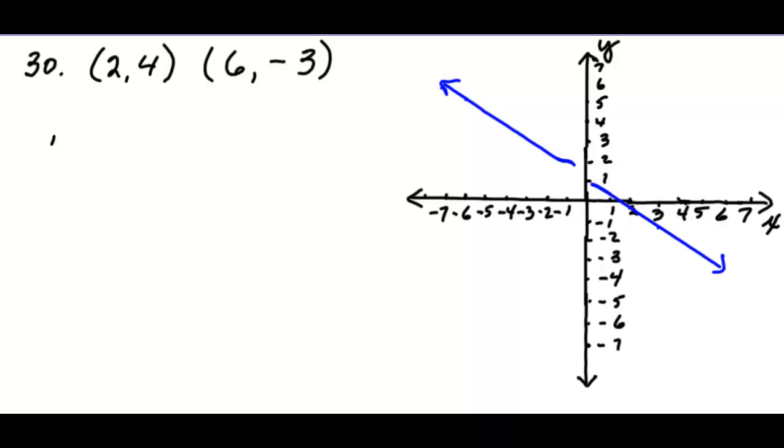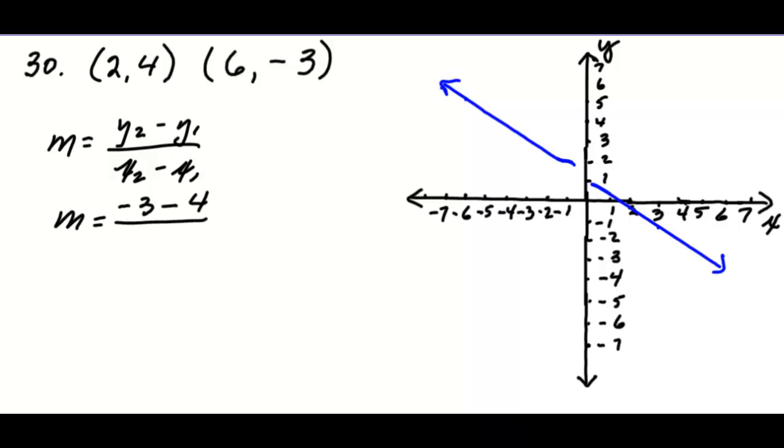Now in solving it, you get m equals y2 minus y1 over x2 minus x1. And m equals, now our y2 in this case is -3 minus y1, which is 4, over x2, which is 6, minus x1, which is 2. m then equals -7 over 4.